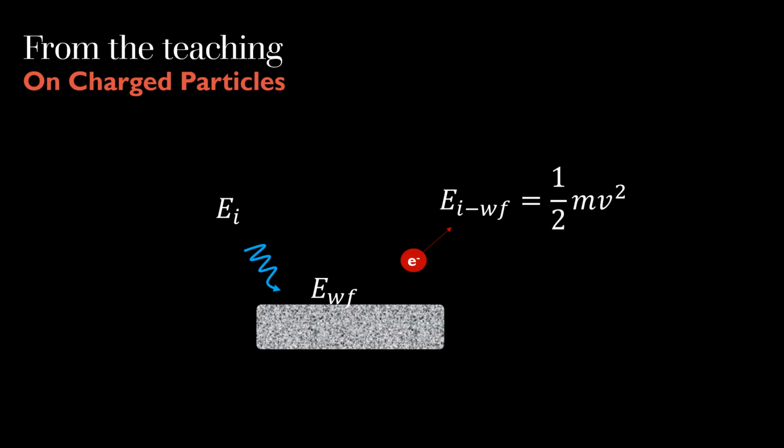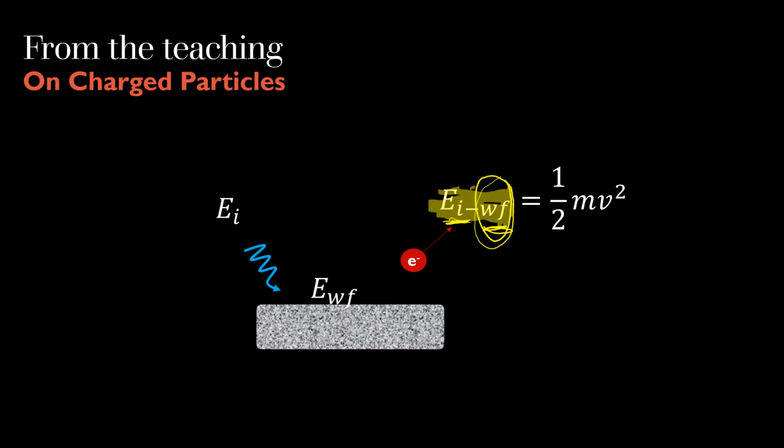The photon's energy requires a certain amount, the work function, before it will release an electron, and that released electron will have some residual energy left over, which will be the incident energy subtracted by the work function, and it's this one that we're trying to find.